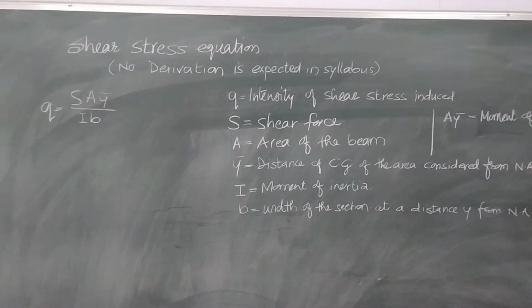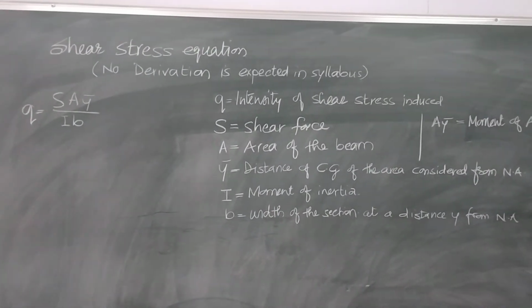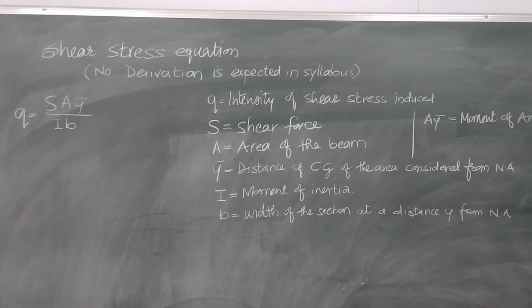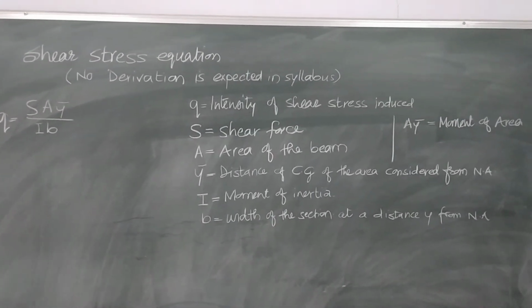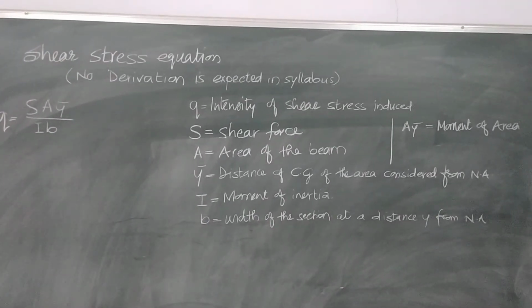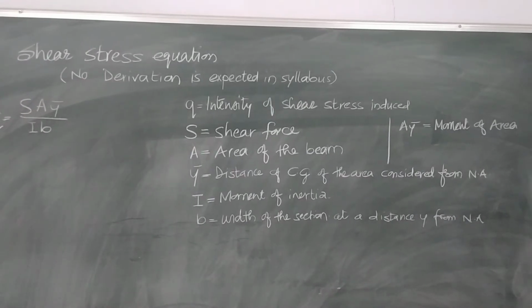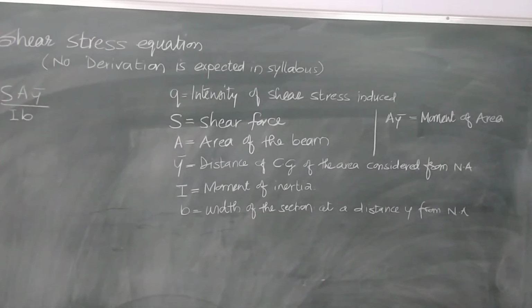Obviously, it is stress, so it is expressed in Newton per mm square or Newton per meter square or megapascal. S is shear force, it is in Newton or kilonewton. A is the area of the beam, it is mm square or meter square generally.